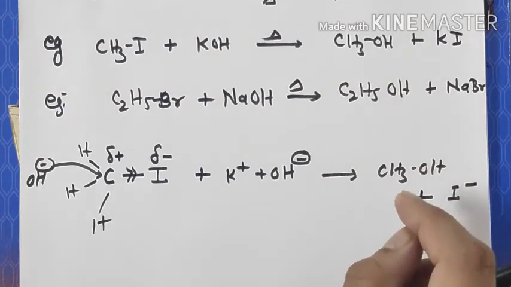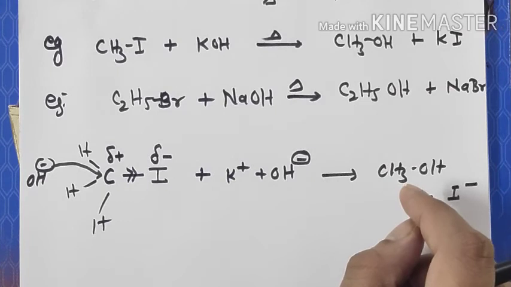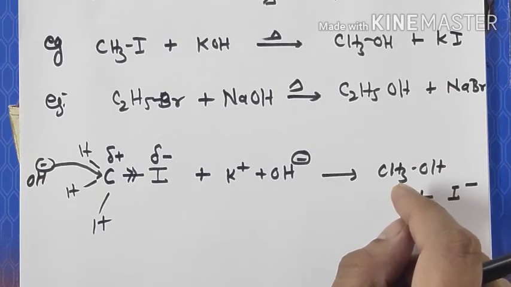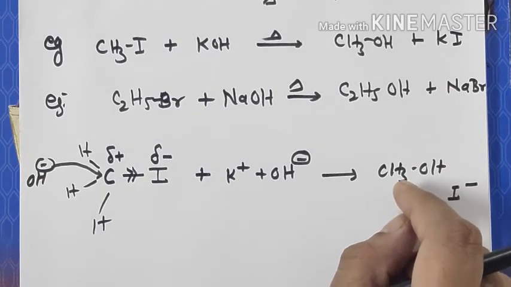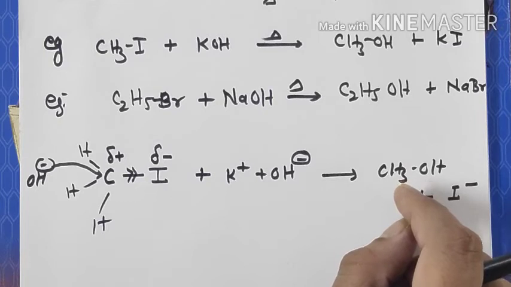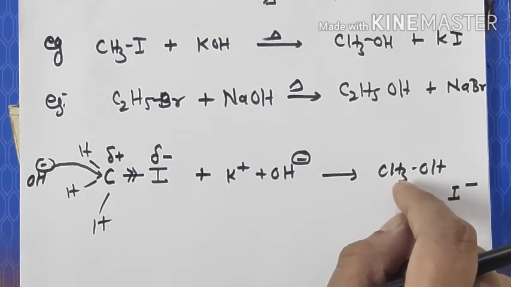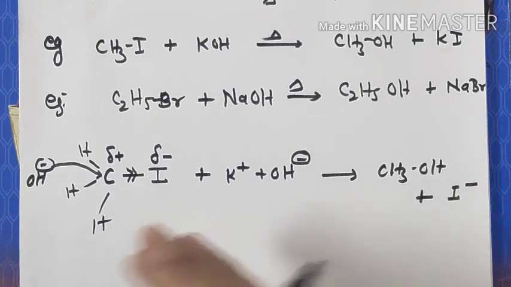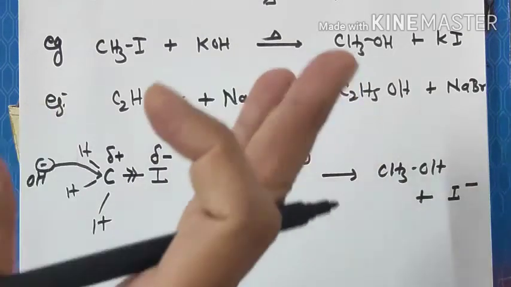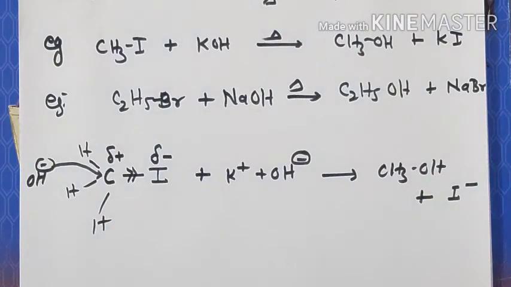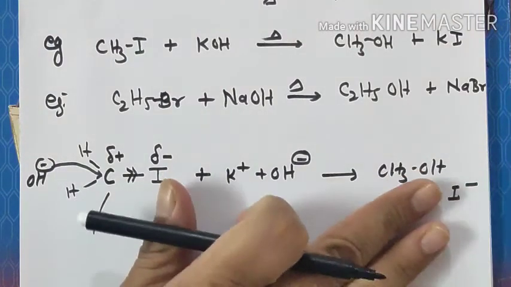I hope this is clear, and this is going to happen in the rest of the other reactions also when we study substitution reaction. There's another part of the reaction, it is elimination. The things will be different over there, right? But in today's whole lecture, we'll see this type of reaction.